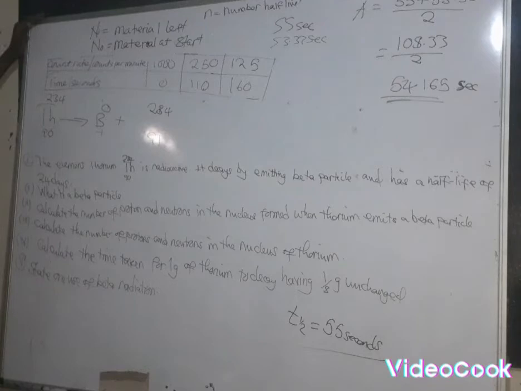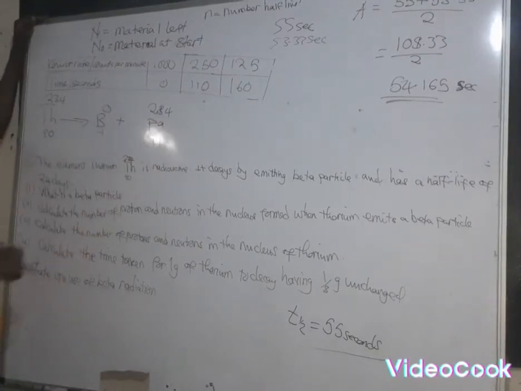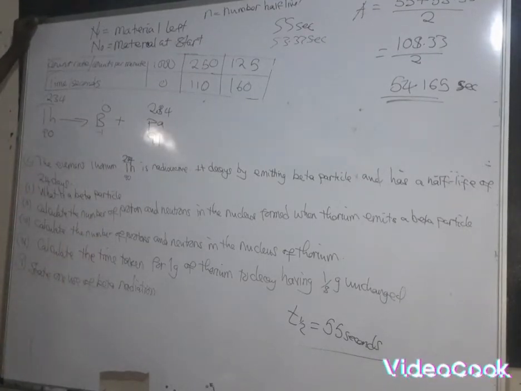What is the element with atomic number 91? Pa, which is protactinium.